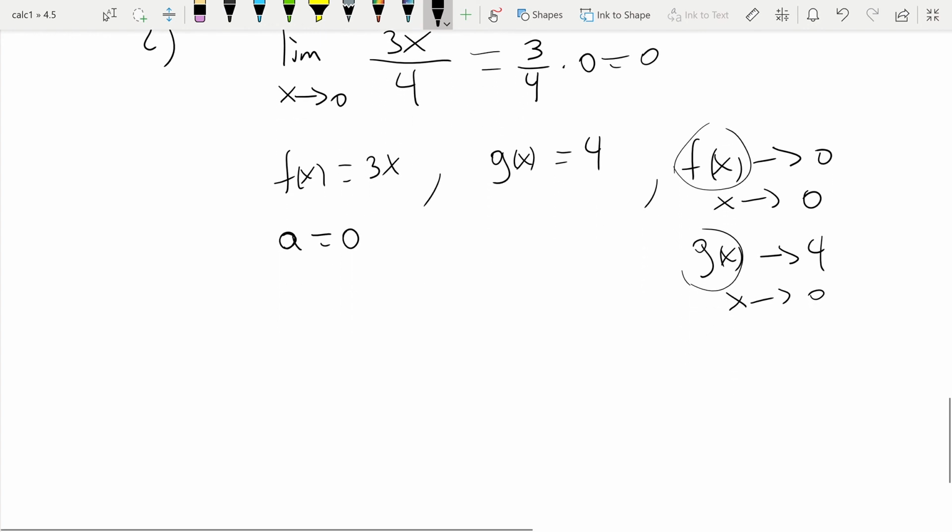But what if we try to apply L'Hopital's rule, which would be incorrect?